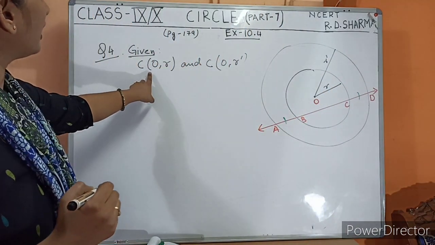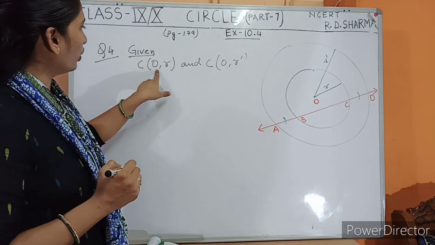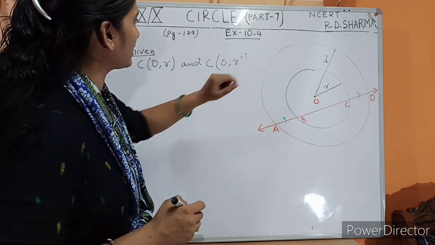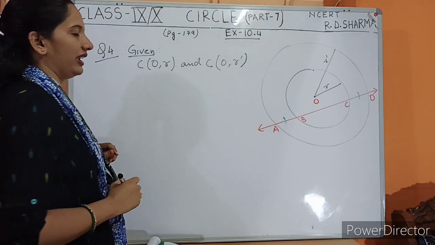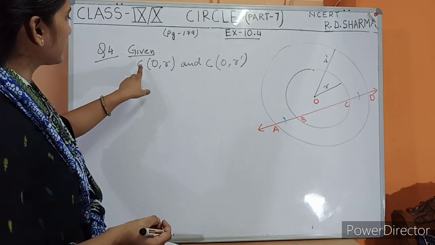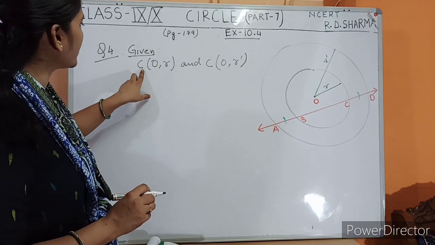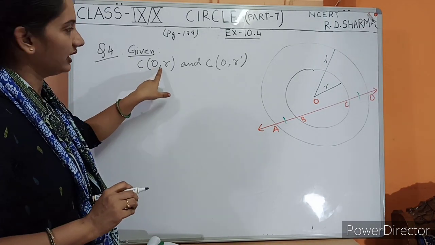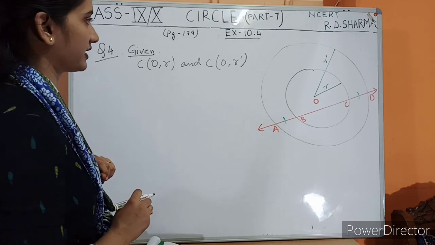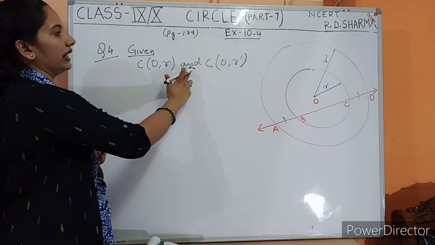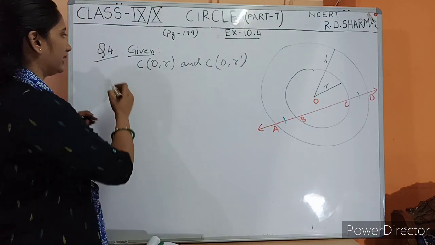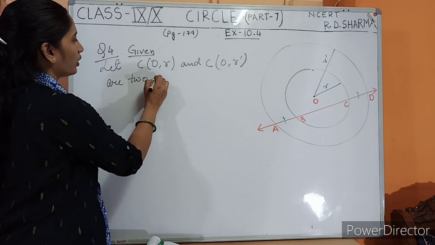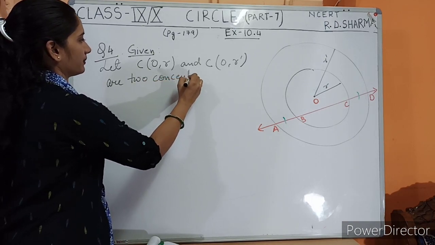So inner circle का हमने नाम लिखा C(O, R) and outer circle का name हो गया C(O, R'), ठीक है? This is the way we represent any circle. किसी भी सर्कल को रिप्रेजेंट करने के लिए उसे कैपिटल लेटर से लिखते हैं and in brackets we use to write the center along with the radius. So C(O, R) and C(O, R'), let these are the two circles, are two concentric circles.